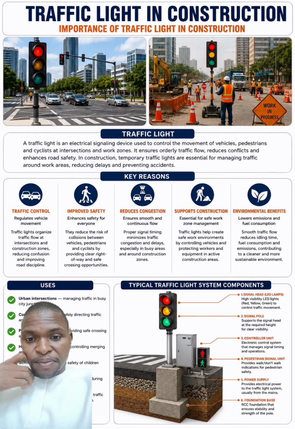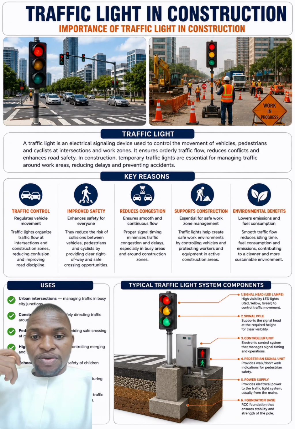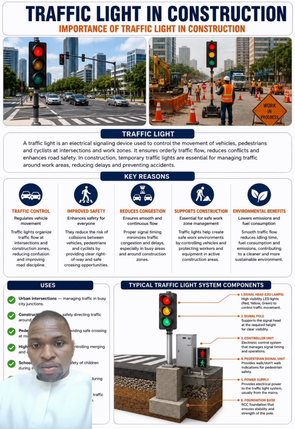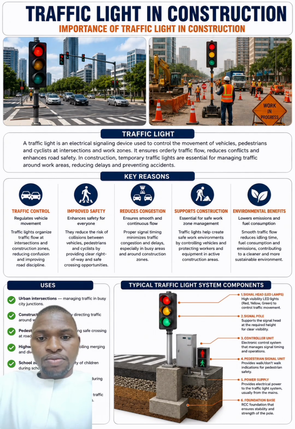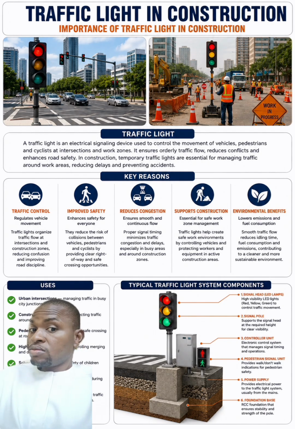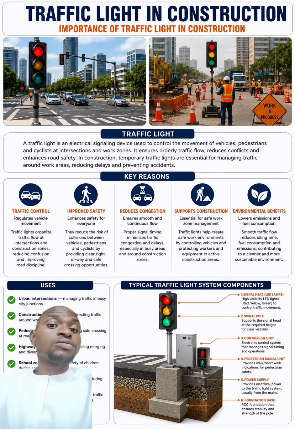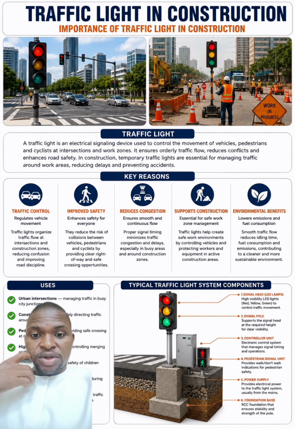So we'll take a look at what a traffic light is. A traffic light is an electrical signal device used to control the movement of vehicles, pedestrians and cyclists at intersections and walk zones.